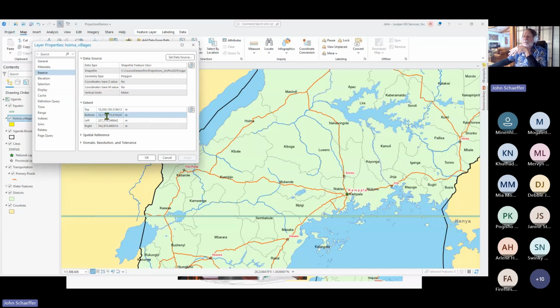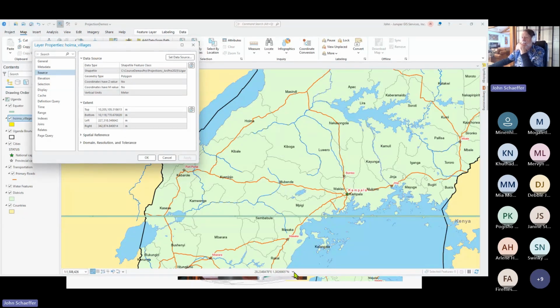The bottom is 10 million 118,000. Oh, wait a minute. Here's the equator. If we're in UTM North, this is 0. I can't imagine that this is 10 million meters north of the equator.